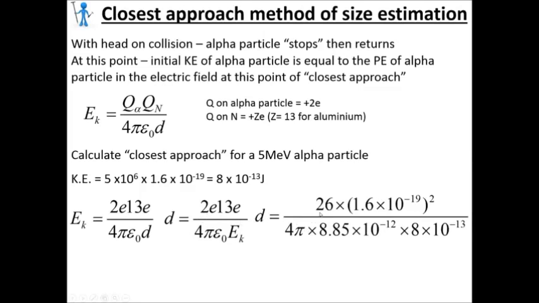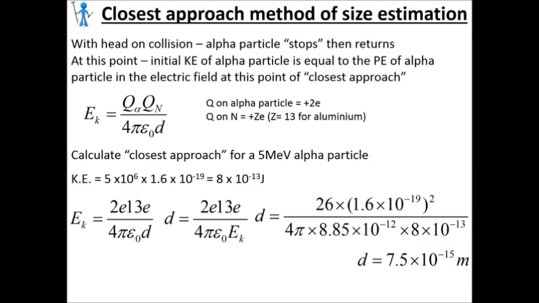So 2 times 13 is 26. E times E is E squared, 1.6 times 10 to the minus 19 squared. 4 pi, our constant permittivity of free space, 8.85 times 10 to the minus 12. And the kinetic energy, which we worked out up here, is 8 times 10 to the minus 13. If you put all that in your calculator, you should get a distance of closest approach of 7.5 times 10 to the minus 15 metres.